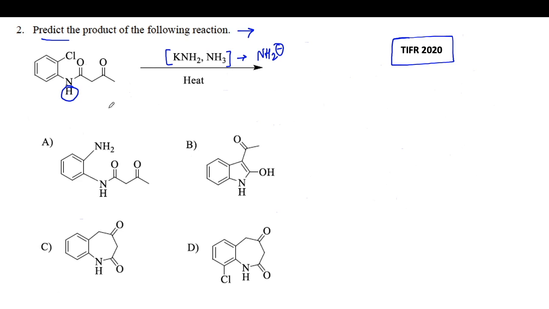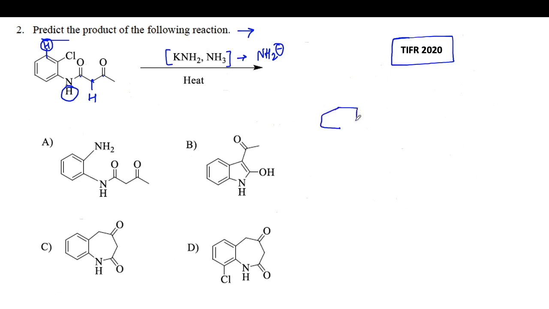First proton to be removed is the most acidic one from the nitrogen. Second proton to be removed is right from here. This is also acidic because this is in between two carbonyls. Third proton to be removed is from here, which can give you a benzene.